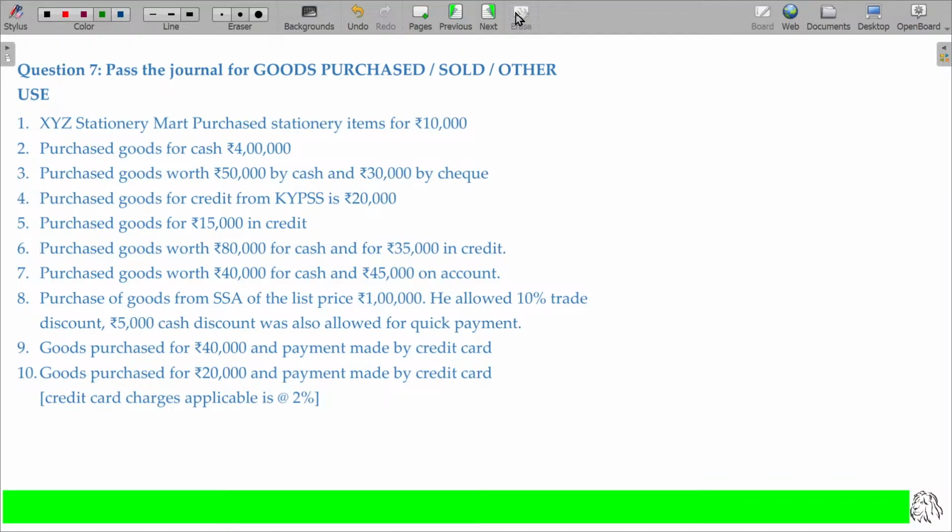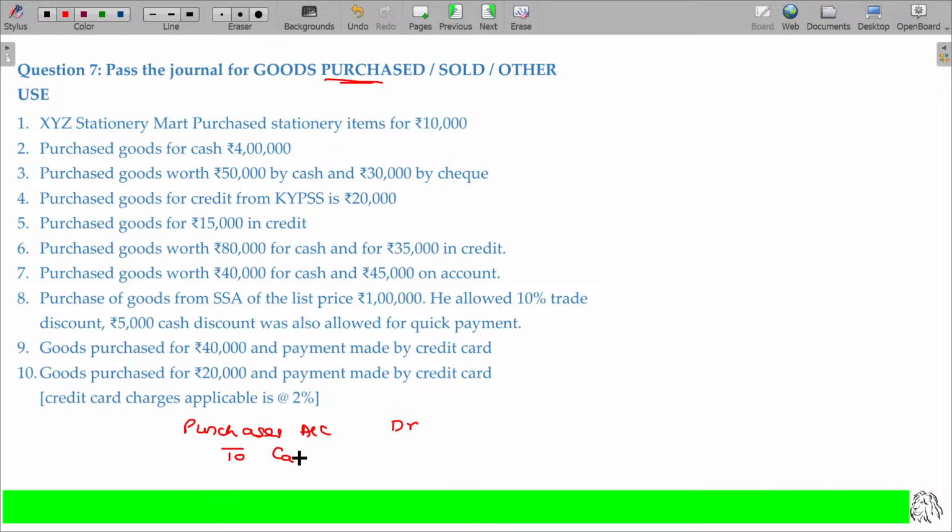Now in question number 7, goods purchased. While purchasing, the goods may be purchased by paying cash or may be payable later on. So in the comprehensive illustration, the goods will always be renamed with the purchase system. Whatever goods you purchased, if it is for the trading purpose, then purchase account is debited to what?